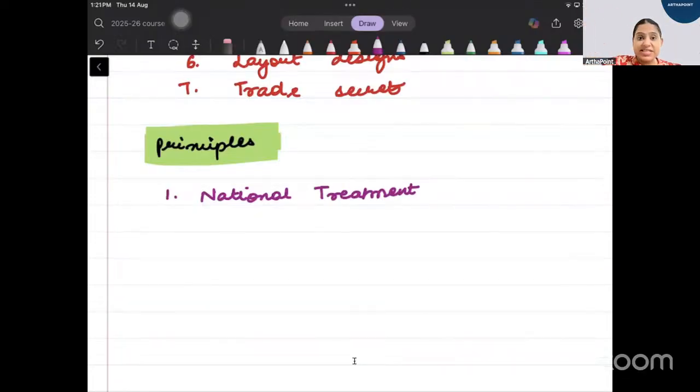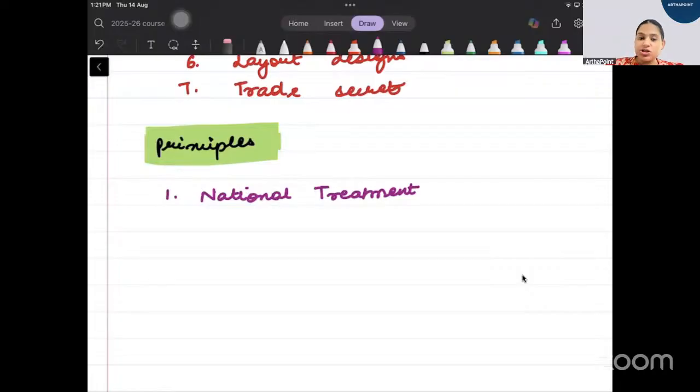What is the meaning of not discriminating? For example, if India gives a certain level of copyright protection to an Indian author, then it must also apply to a US author, and to a Japanese author.